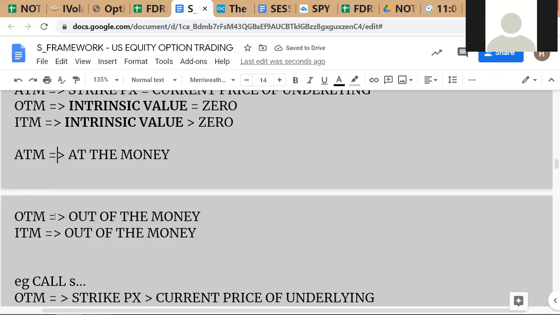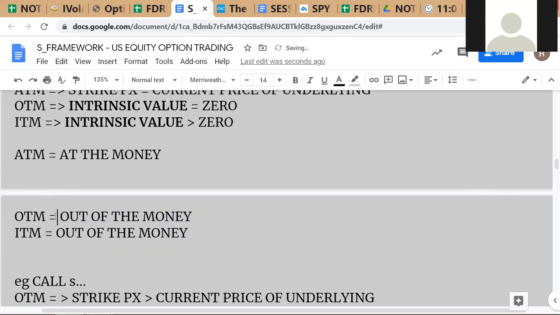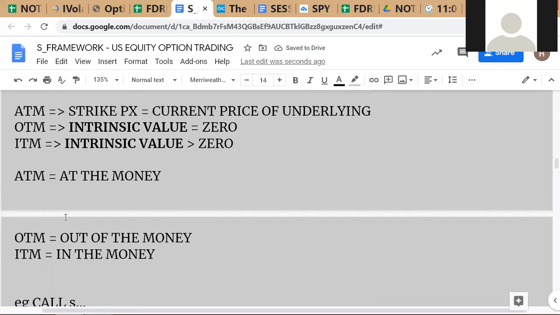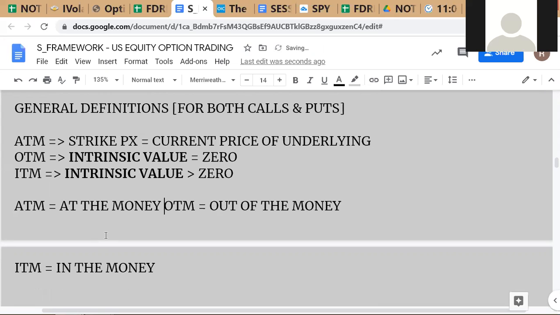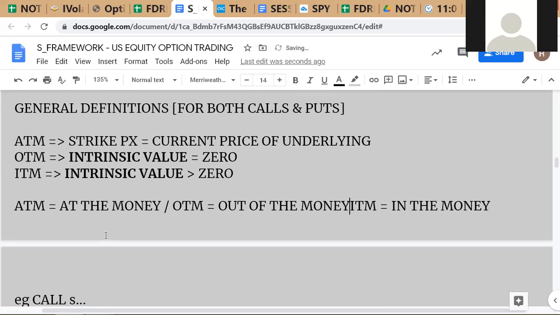So ITM means in the money, OTM means out of the money, ATM means at the money. These are very simple terms. We can put them in one line. Hopefully they all fit in one line. All right. Okay, so these are just our definitions.